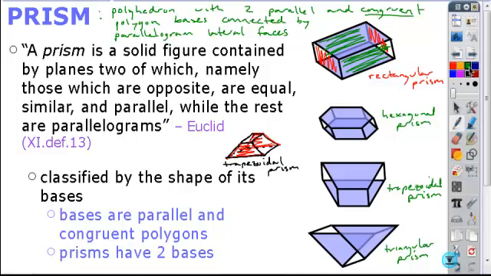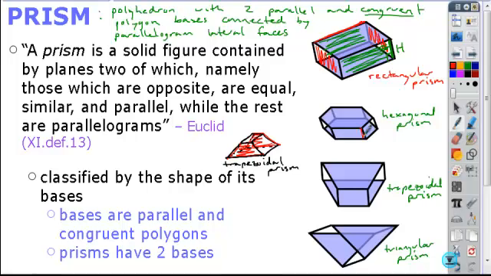Just like a pyramid, a prism does have a height or altitude. The height or altitude is the perpendicular distance between the parallel and congruent bases. So in this case, we could have our height here. Again, we could have had the height be this measure, or we could have had the height be the distance between these two bases as well.